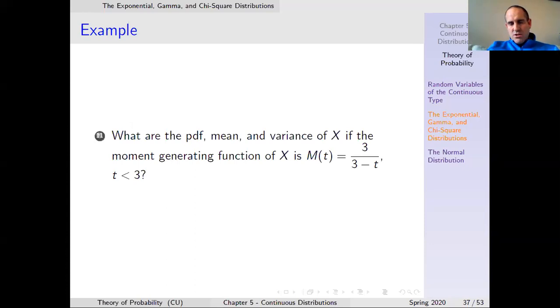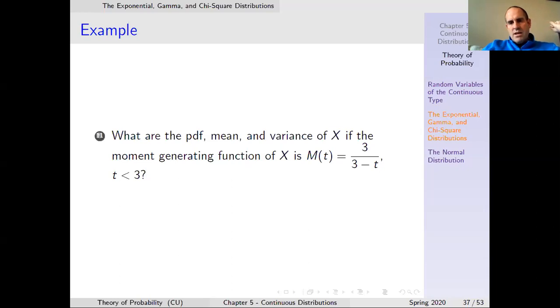So here's a little thing to get our minds working together here. What are the PDF, mean, and variance of X if the moment generating function of X is given by that? Remember, I've harped on the fact that the moment generating function is the all-important thing that tells us what distribution we're dealing with.